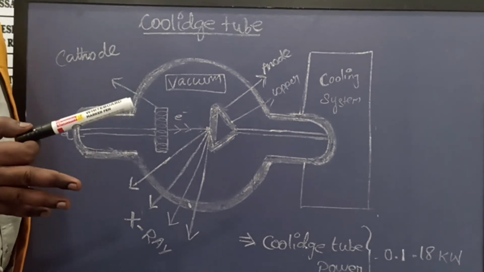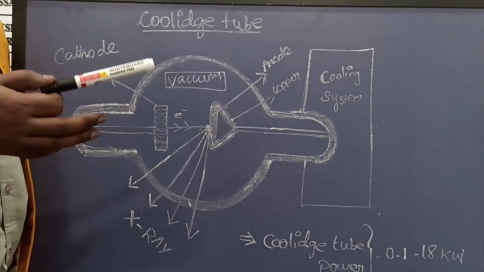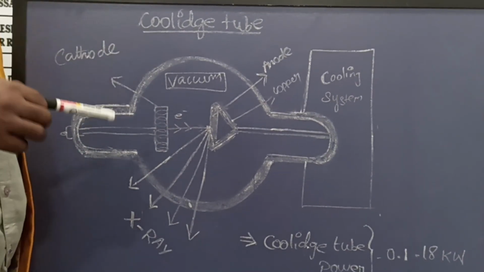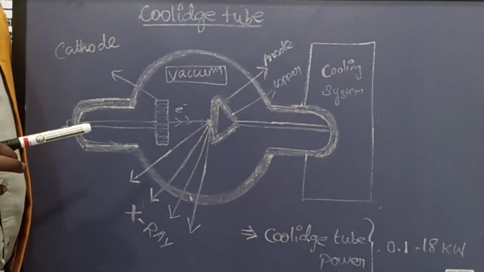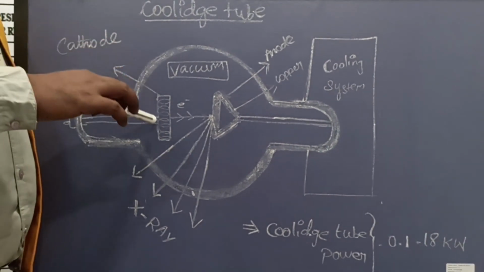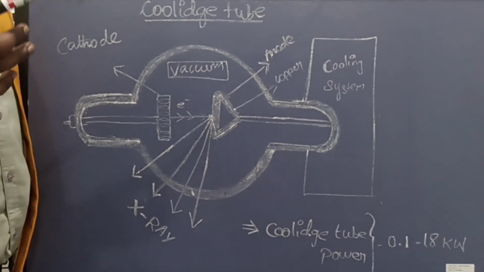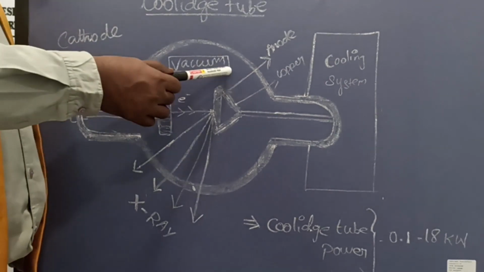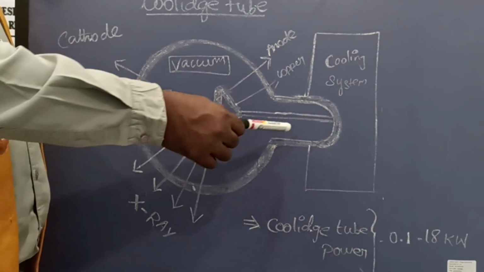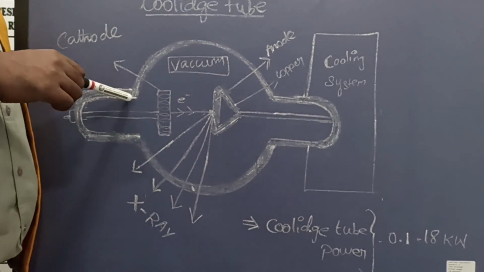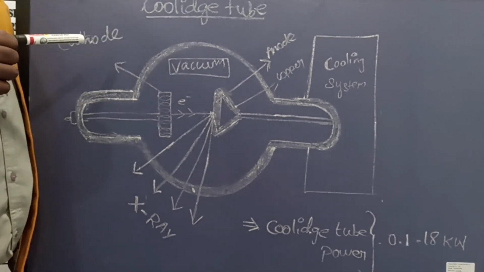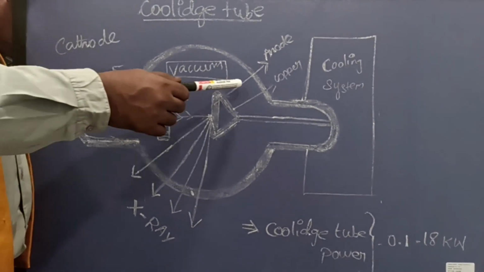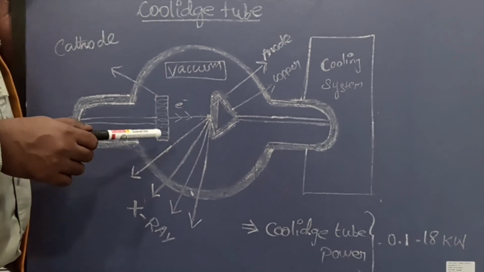They would burst. But this Coolidge tube can accept 4000 degrees Celsius, that is why it is preferable. Inside the Coolidge tube, as I already told you in the introduction, a high vacuum is maintained. That is one more advantage of the Coolidge tube.